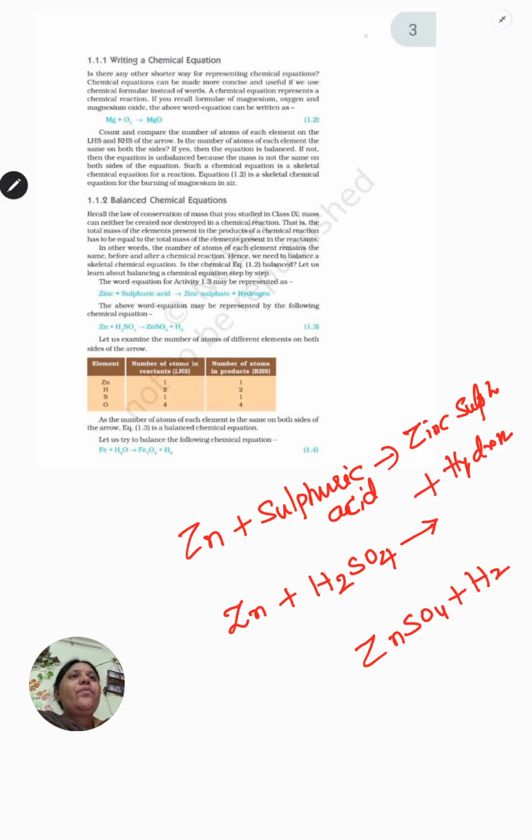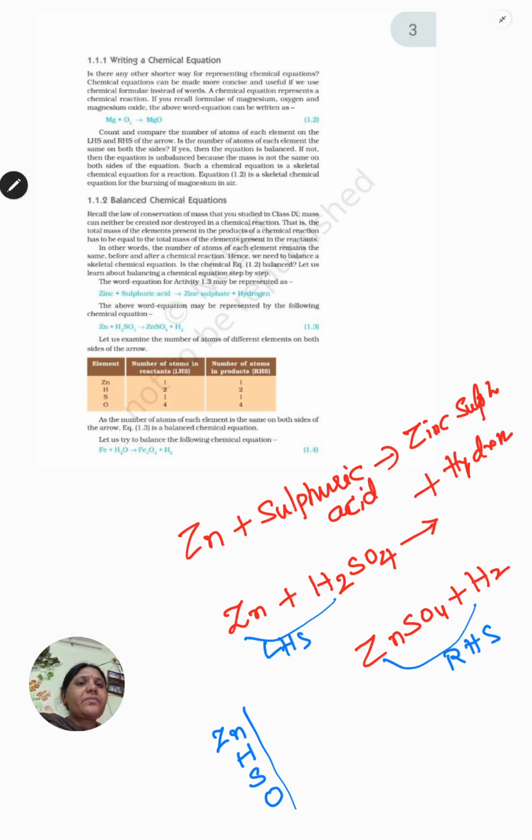In the tabular form, they clearly show how to see this. What are the elements here? Zn is there, hydrogen is there, sulfur is there, and oxygen is there. Now the number of atoms in the reactants, the LHS, and this side is the RHS. On the LHS, how many zinc atoms are there? 1. How many hydrogens? 2.